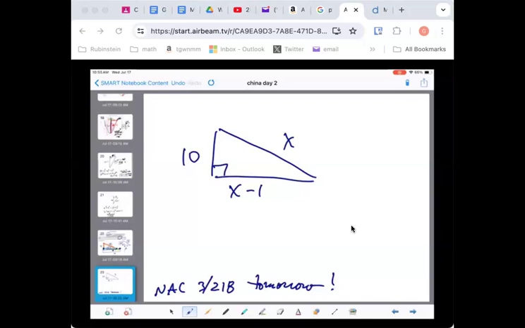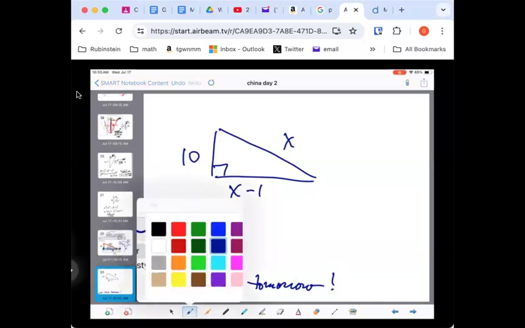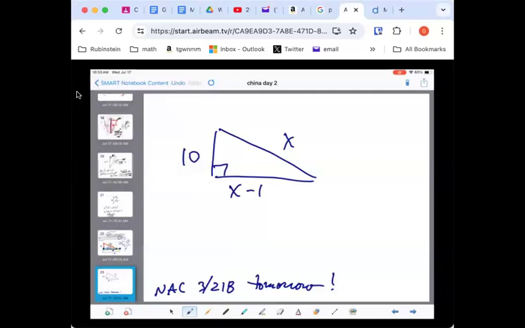Okay, I see a lot of 50 and a halves, which is the right answer. Now, if you didn't get 50 and a half, where did it go wrong? One place it might have gone wrong is in the setup. Maybe you called the X minus 1, you called the 10 X squared, or different things.